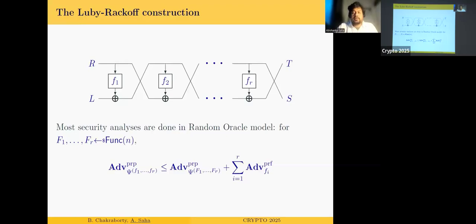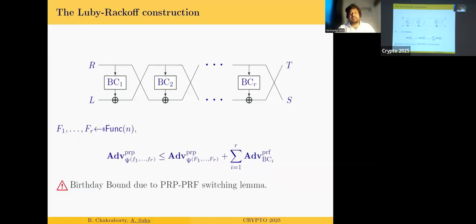But in most practical cases, these internal primitives are instantiated by block ciphers, and then we are stuck with the birthday bound because of the PRP-PRF switching lemma, which says that you can distinguish between a PRP and a PRF using only 2 to the power of n by 2 queries, and hence this PRF advantage term of the block ciphers gives you the birthday bound.